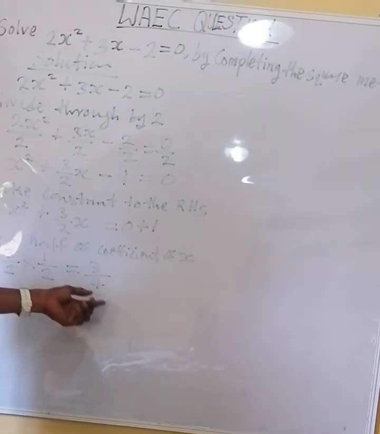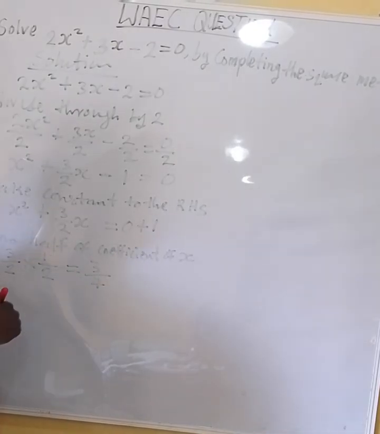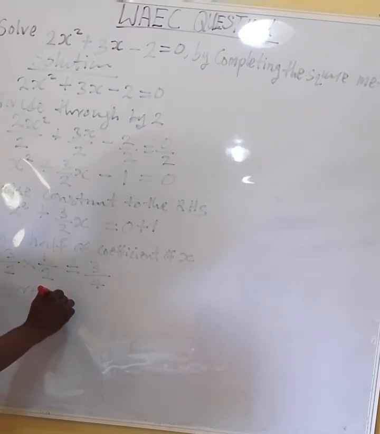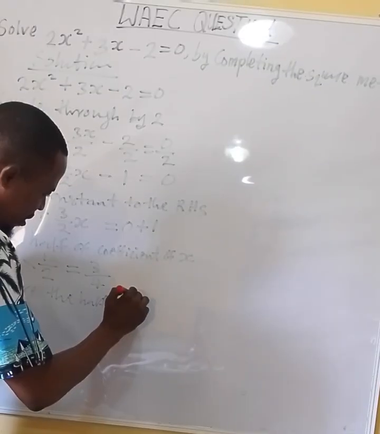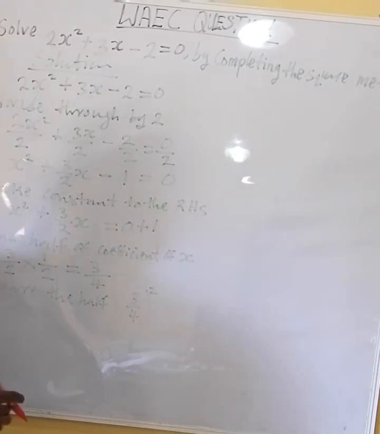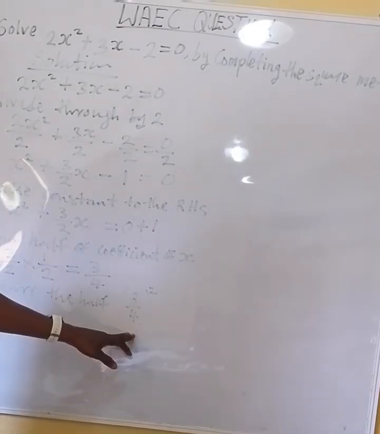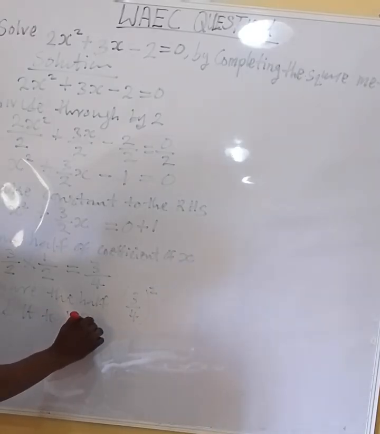So that's half of the coefficient of x. When you arrive at the half like this, you will square it. We say square the half. When you square the half, it will give us 3 over 4 squared. Then you add it to both sides.